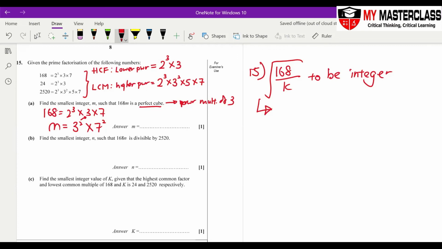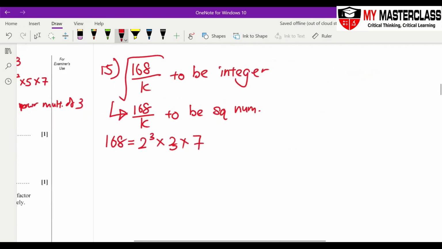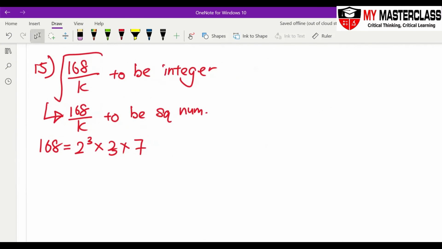The square root is just to tell you that I want 168 over K to be a square number. Okay, so now 168 is equal to 2 power 3 times 3 times 7. Yes, so I want it to be a square number.